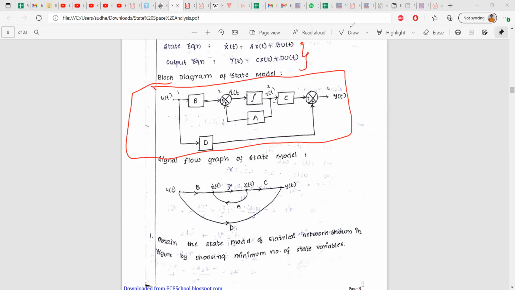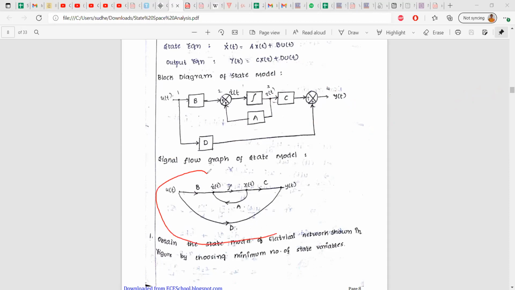The same thing is represented with the signal flow graph. What is the type of this node in the signal flow graph? Input node, output node, or mixed node?